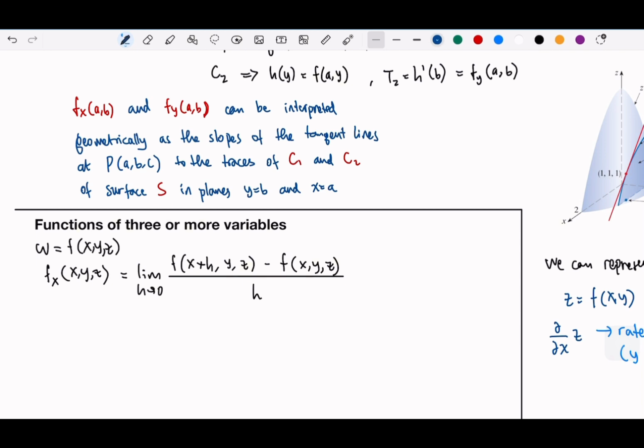This can be found by taking y and z as constants. But it is difficult to define in geometry. And in the same way, if you want to take the partial derivative with respect to y, then x and z will be constants.